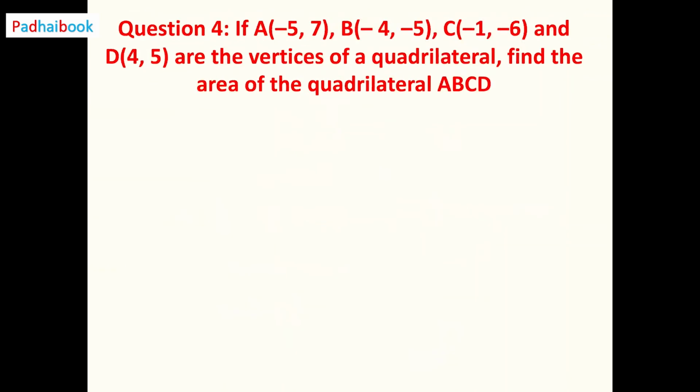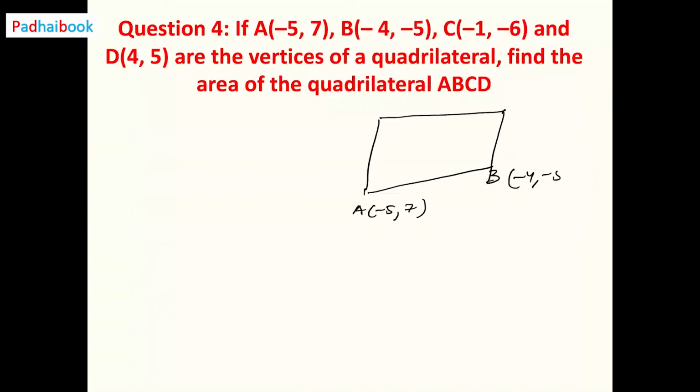Now see, here I am given a quadrilateral ABCD. Let's say the coordinates of the point A is (-5, 7), B is (-4, -5), C is (-1, -6), and the point D is (4, 5). Now how will I find the area of this quadrilateral?